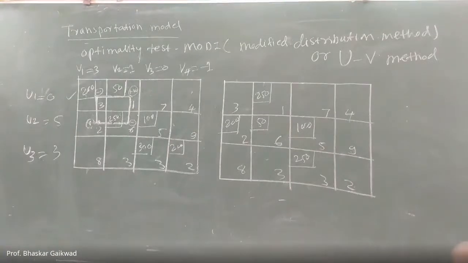Okay. Now you have to go to the next calculations, in order to get a 0. So what is the next calculation here?